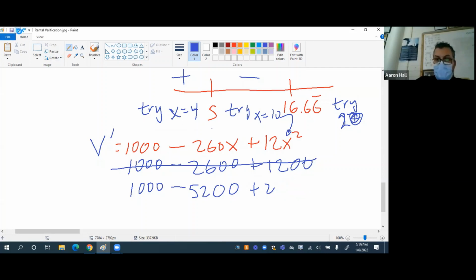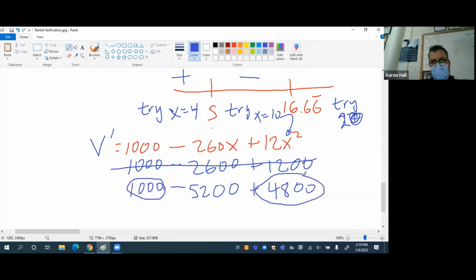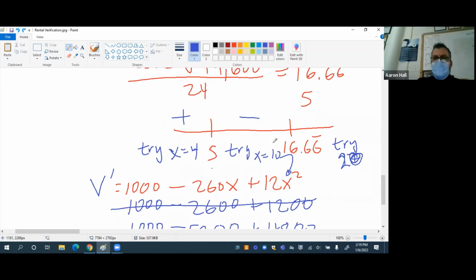So 4,800. Yep. Is that going to be positive or negative? I take this and add those together. Is that positive or negative? Yeah, it looks to me like it's going to be positive. So that's going to be positive.